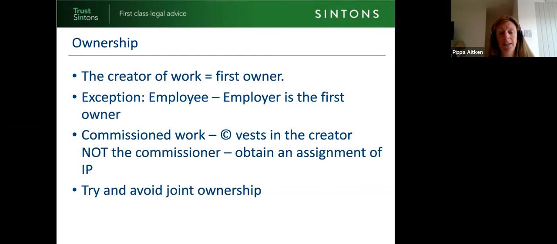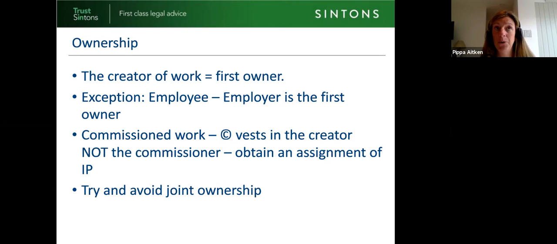Joint ownership, this is something I would always try and advise that you avoid. It can cause problems later on down the line. It depends what the IP is and it depends on the jurisdiction, but certainly in the UK and with copyright, you can't use copyright without the consent of all your co-owners. It may be that not all parties need to own equal shares in the copyright work or whatever the IP work is.